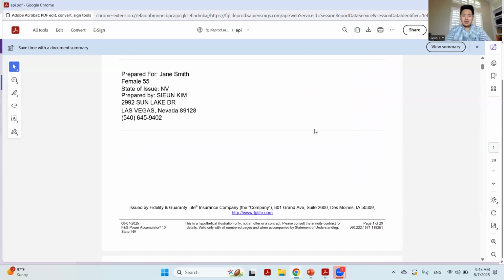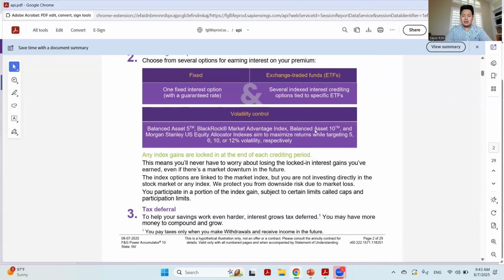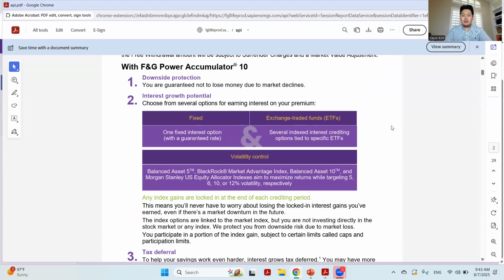You don't have to complicate it. Don't go into too much detail. Just give the clients the bullet points of what's important about doing this and why this is good for the client. And that's it. This is how you present the annuity so that the client has an easy time understanding what you're saying.